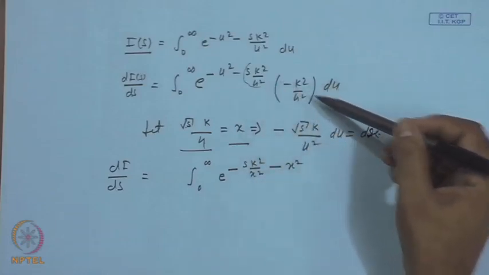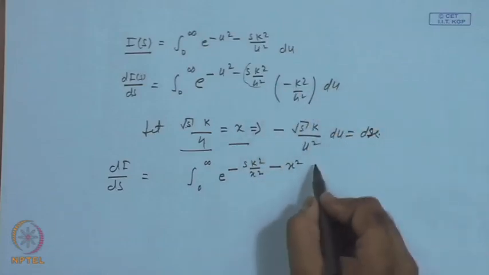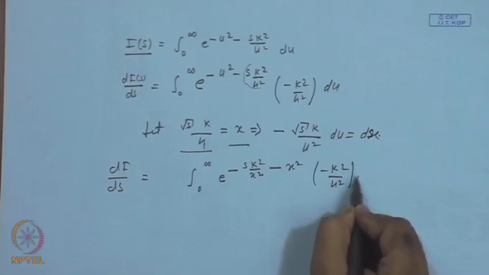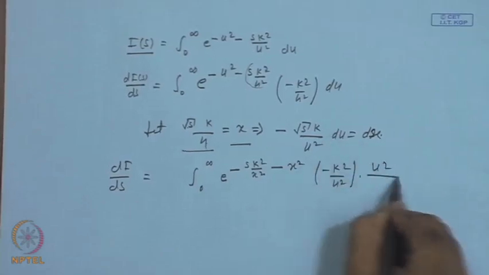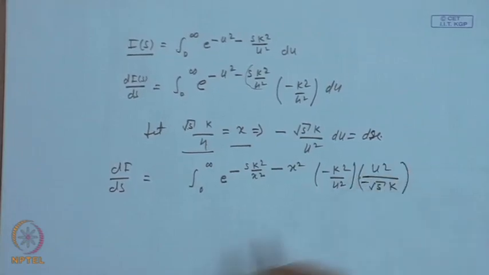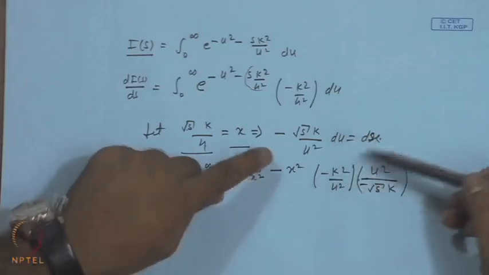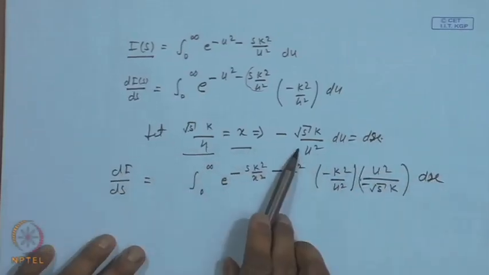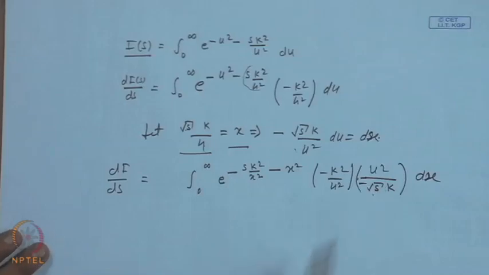Now we have minus k square over u square already there. Then we have u square from here, that is square root s k, with the minus from this, dx, and u square over square root s k.